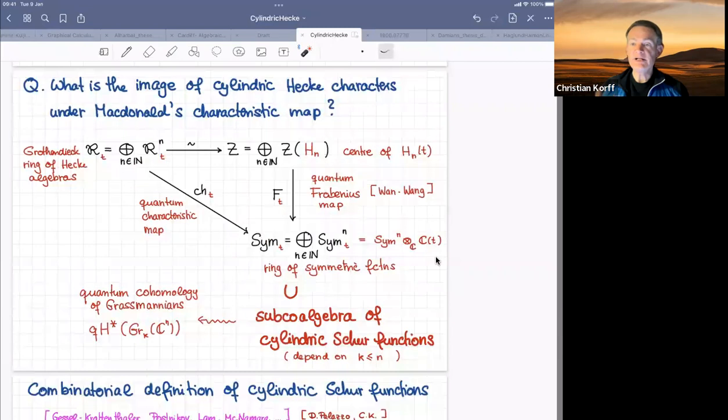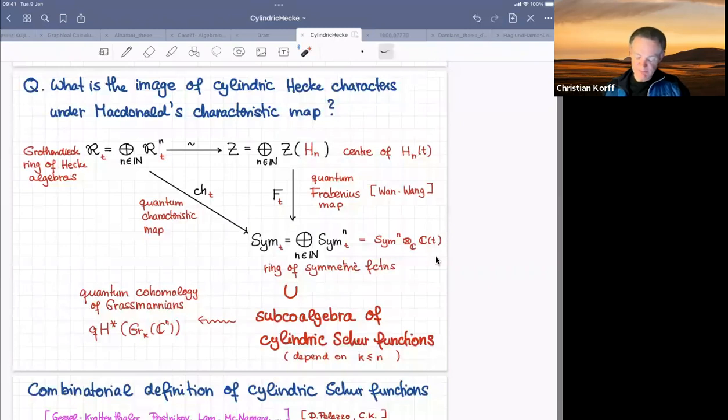Before, we saw that when we had the infinite lattice without periodic boundary conditions, we just got this T deformation of a Schur function, which was related to Hall-Littlewood polynomials. So what do we get now with periodic boundary conditions? What we are getting are so-called cylindric Schur functions. And that is the work which I mentioned.